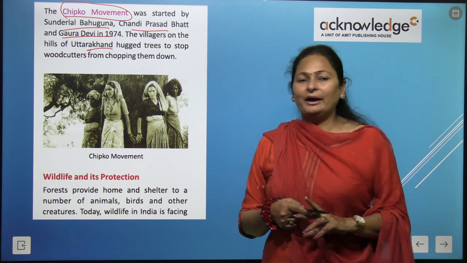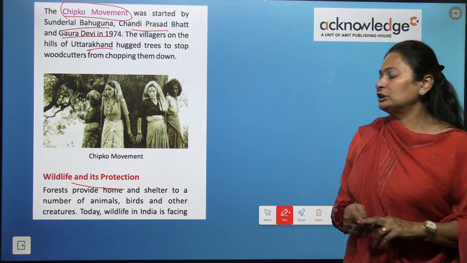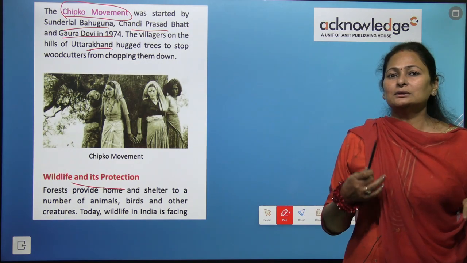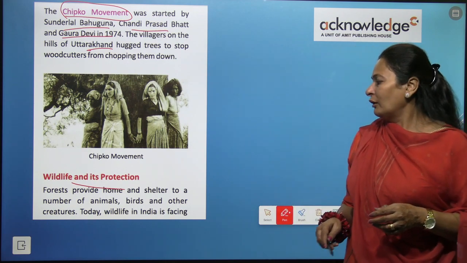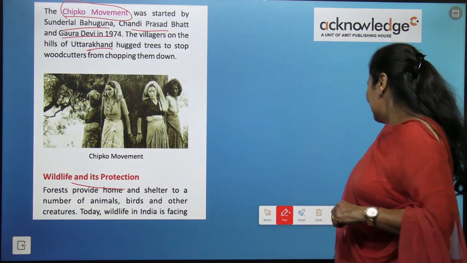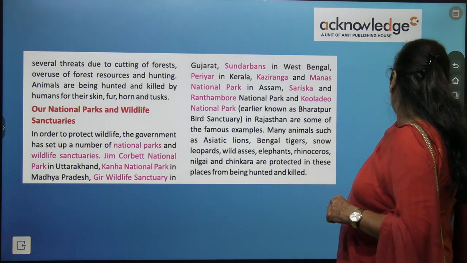Now, wildlife and its protection. Forests provide home and shelter to a number of animals, birds, and other creatures. Today, wildlife in India is under several threats. Why is it so?